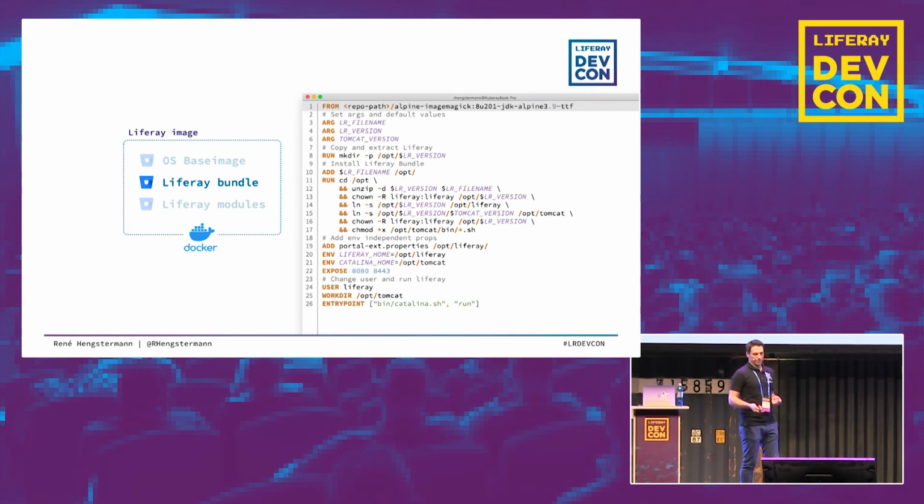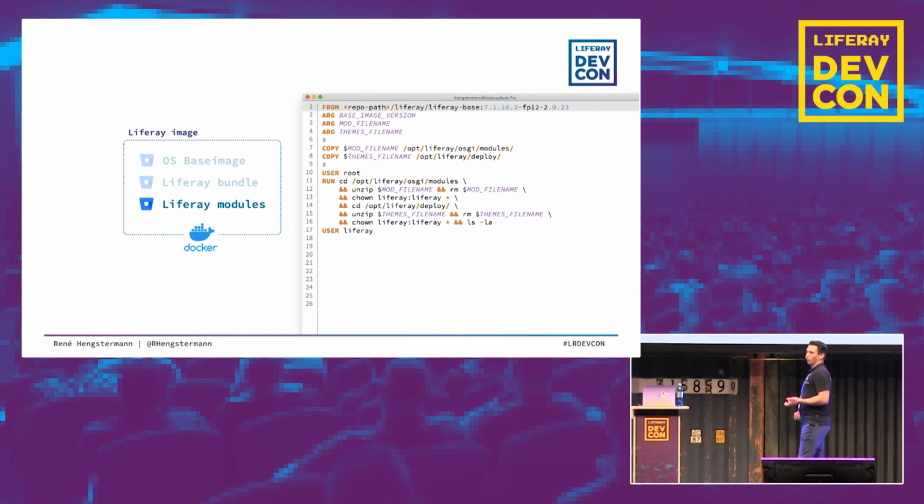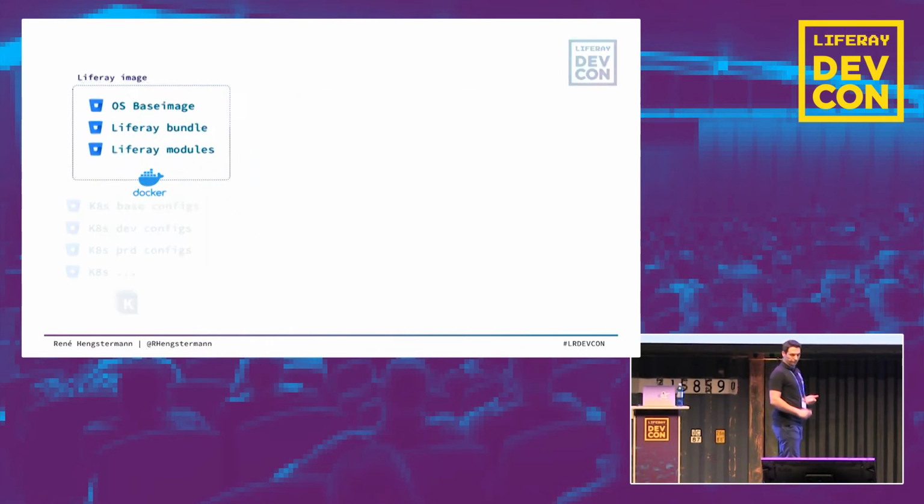So it extends the base image, and we unzip the Liferay bundle inside of this image. And the third one is our modules image. There we build our OSGi modules and our themes. It extends the Liferay bundle, and we unpack all of the modules inside of this image, and that's the one that gets constantly deployed across all the different environments.